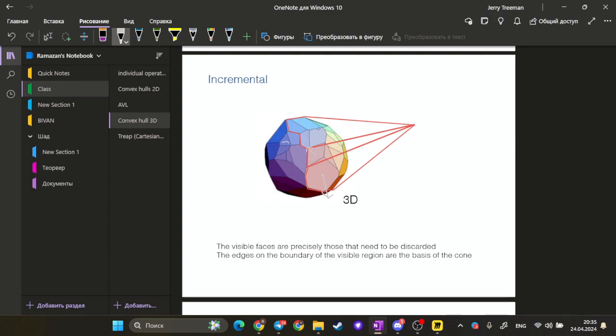Do you agree? Okay, and we just need to compare the angle between them, and if this angle is what?